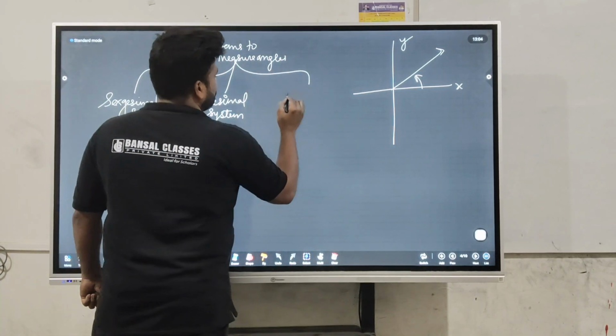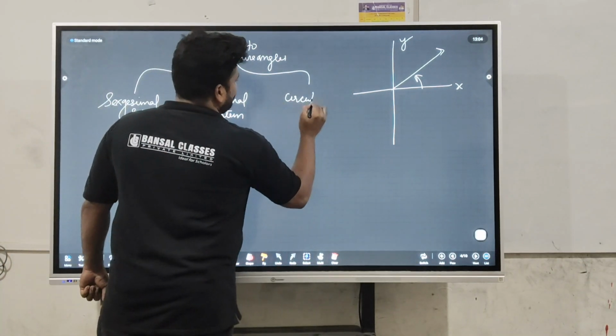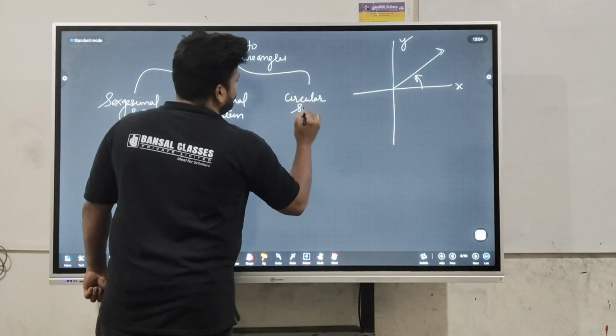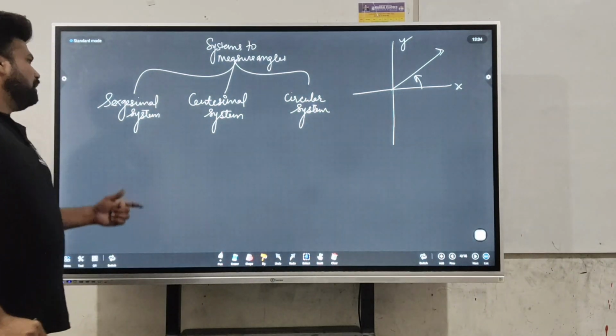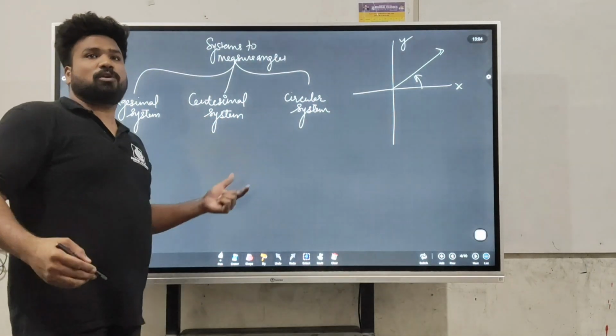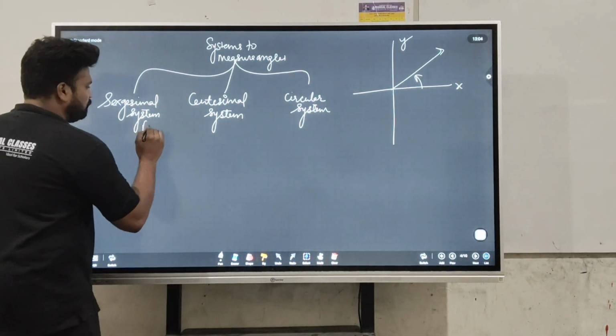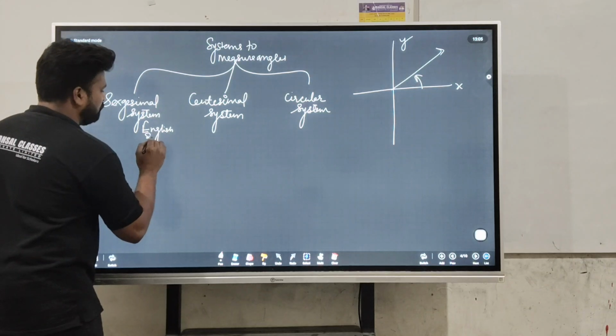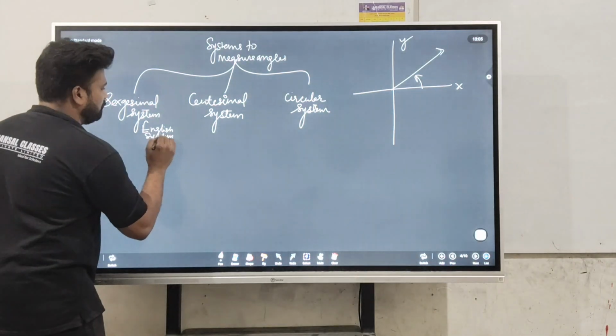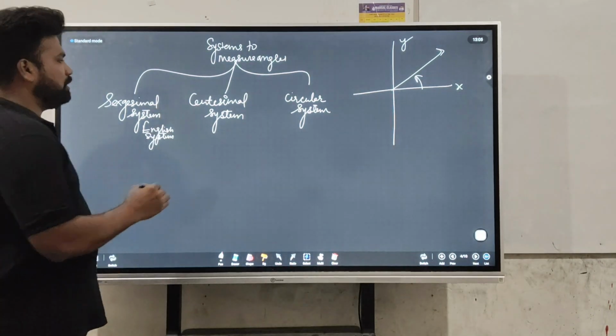And the last one is the circular system. The sexagesimal system is also known as the linear system, and the centesimal system is also known as the square system.